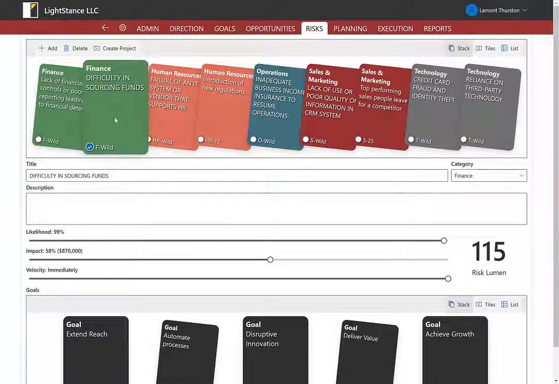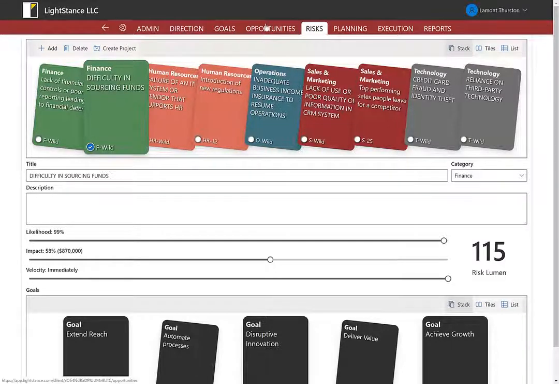And we have companies that will use the system just to do a risk assessment, and will turn off opportunities and basically focus solely on risks. The COVID-19 situation right now, we have a pandemic card that is very rarely played, but it is a topic that unfortunately we're all dealing with right now.